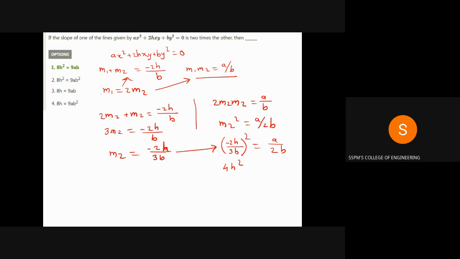That is 4h square divided by 9b square is equal to a upon 2b, that is 4h square is equal to a upon 2b into 9b square.